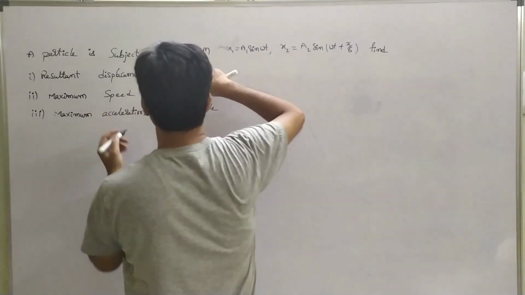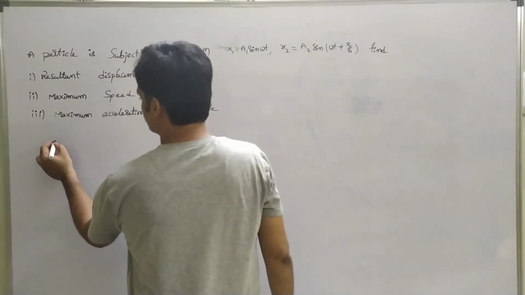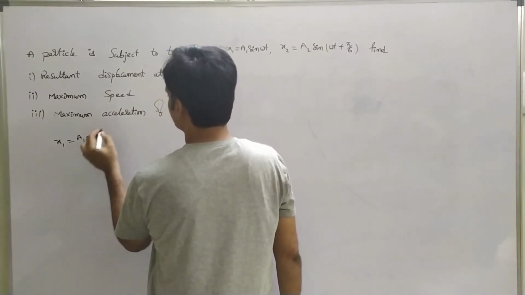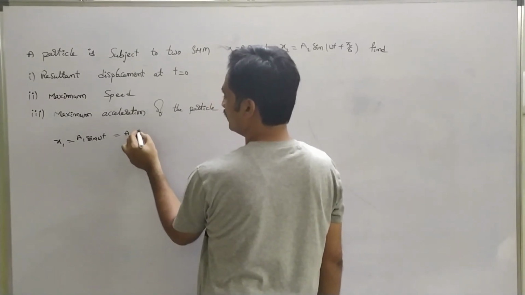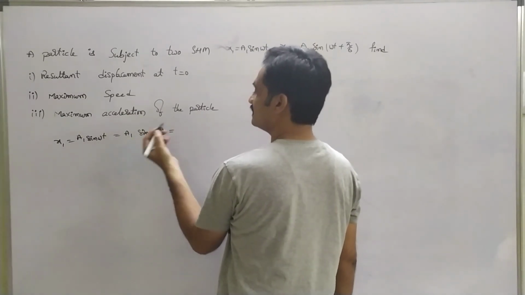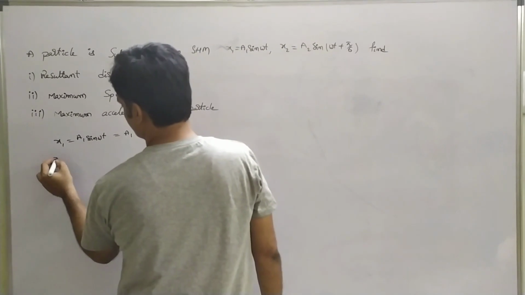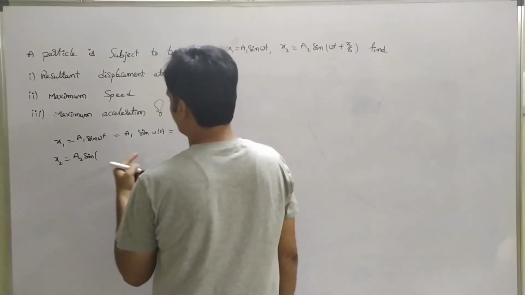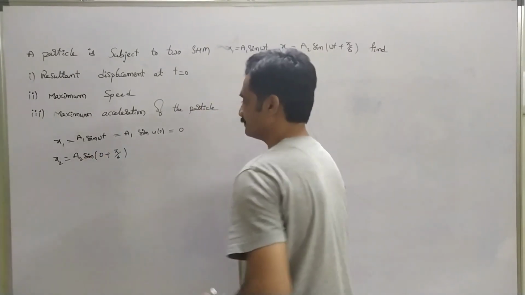Here we have to find the resultant displacement at a time t equals 0 by using these two equations. So x1 is equal to a1 sin omega t. Here we substitute t equals 0, and we have a1 into sin of omega into time t is 0, and we know that sin 0 is 0. So we get x1 equals 0, and observe that x2 is equal to a2 into sin of omega t, omega t is 0, 0 plus pi by 6.